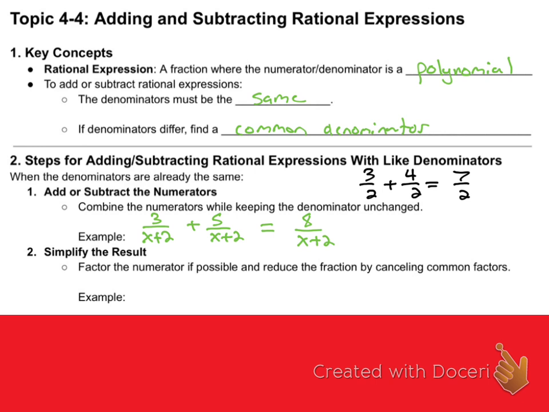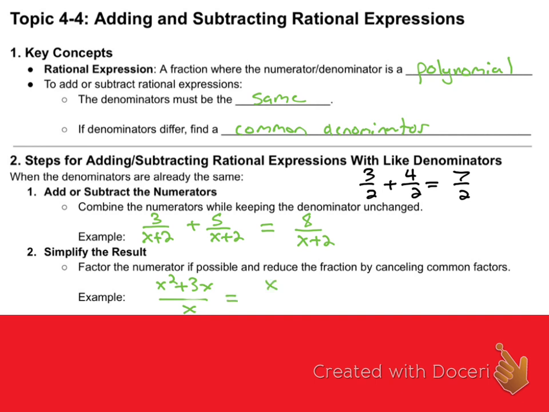Simplify the result. When we get our final answer, we want to look to see if we can factor and simplify. So, for example, if after adding or subtracting two rational expressions our answer was x squared plus 3x over x, what would we have as a GCF in the numerator?